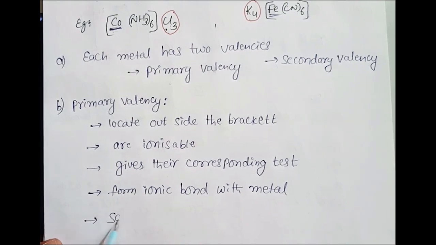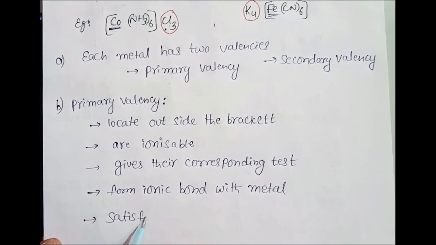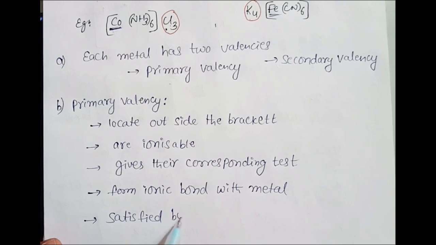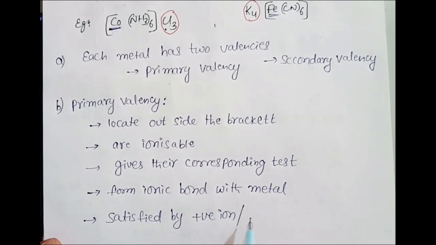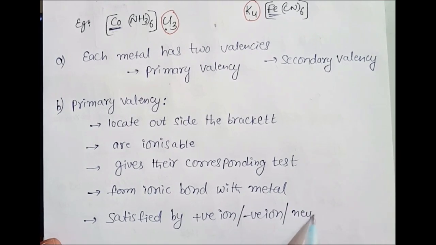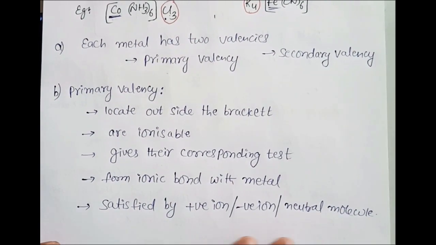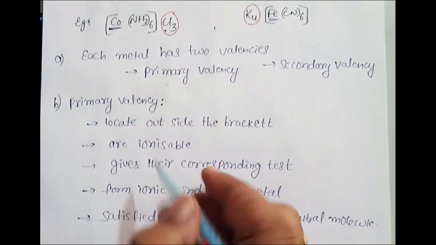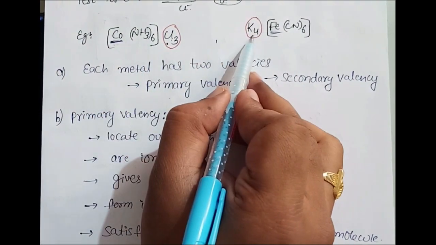And primary valencies are satisfied by either positive ion or negative ion or neutral molecule. So primary valency can be either positive ion or negative ion or neutral. This is all about primary valencies.